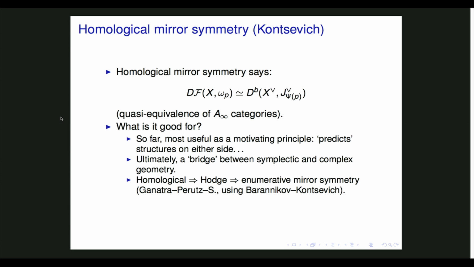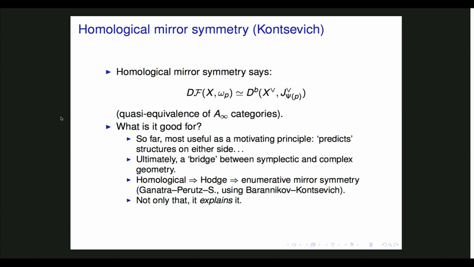Another thing that it's useful for is that it implies the previous versions of mirror symmetry. So there are implications going in this direction. And the idea for how this should work goes back to Kontsevich and Barannikov, but in joint work with Ganatra and Perutz, we managed to give a precise criterion for when this happens.